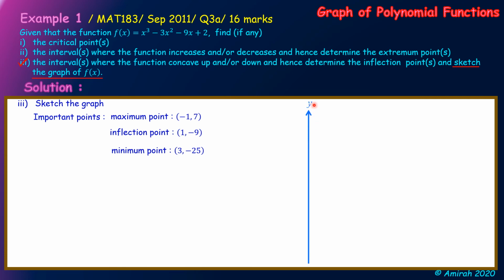So we draw the y-axis and x-axis, the origin, and then we point out coordinates x: -1, 1, and 3. And then we point out coordinates y: 7, -9, and -25.